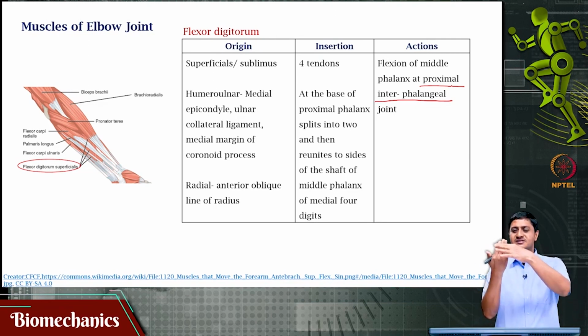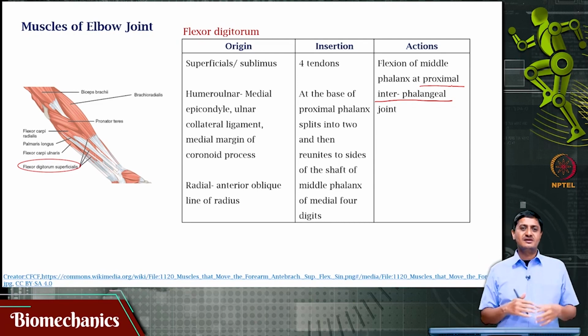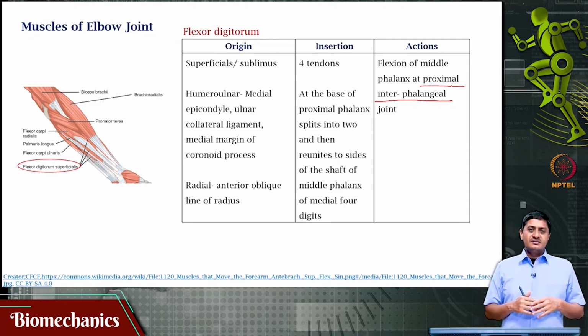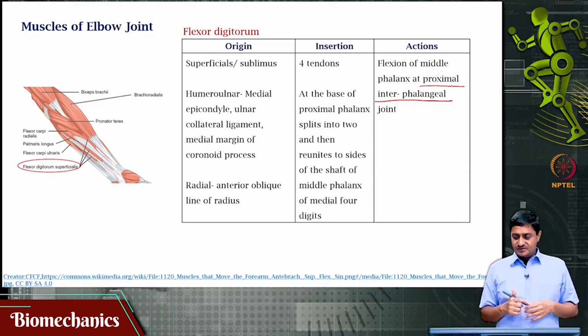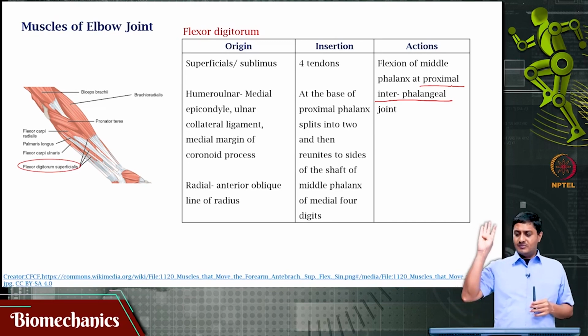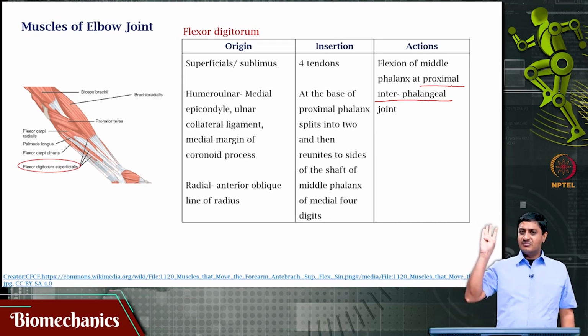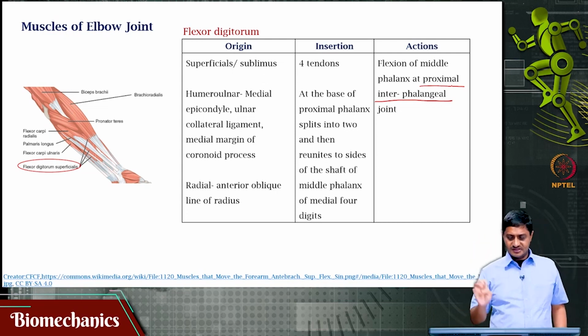These are the PIP joints, these are the DIP joints, right. These are formed within the finger. So, flexion of the middle phalanx by moving the PIP joint, proximal interphalangeal joint.